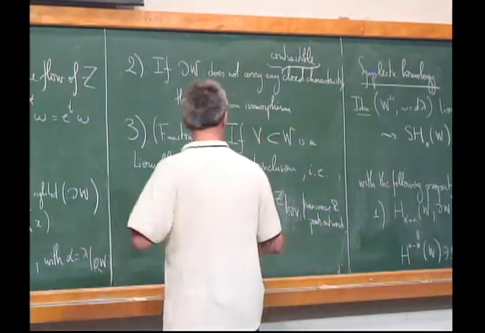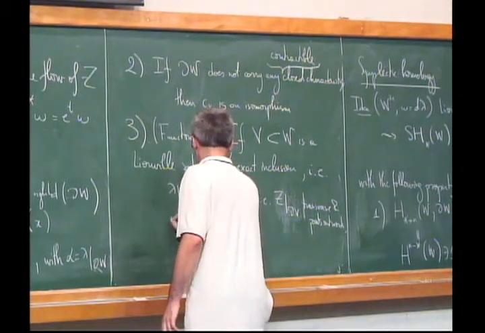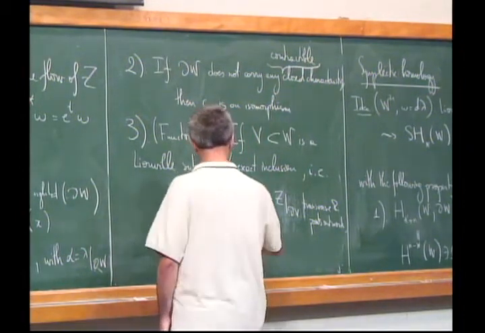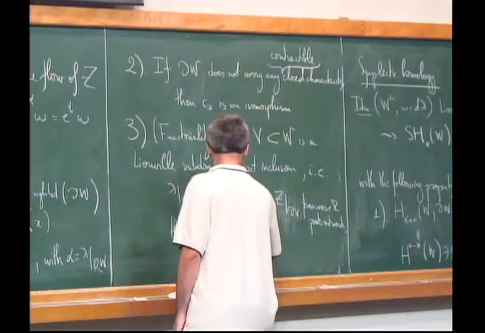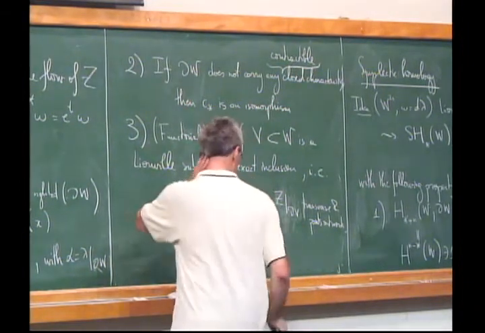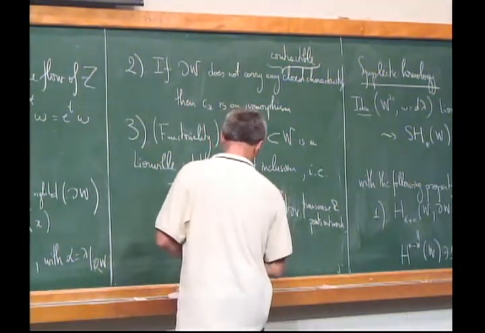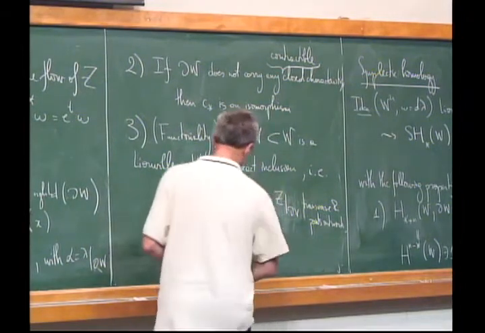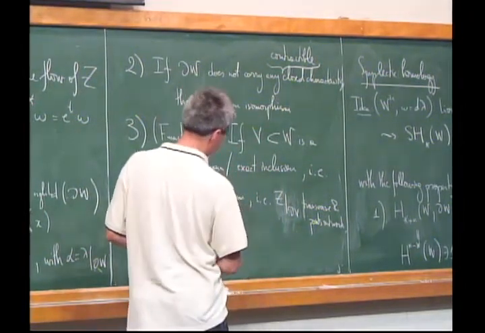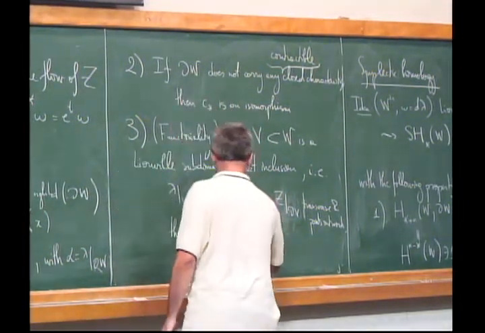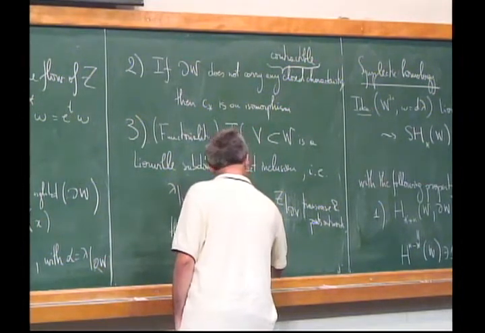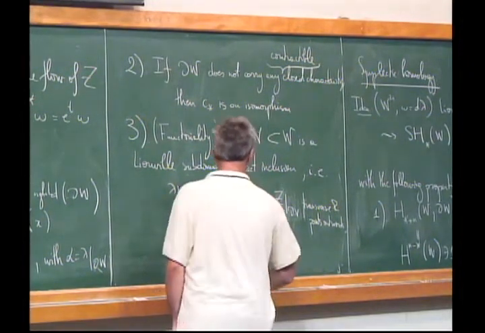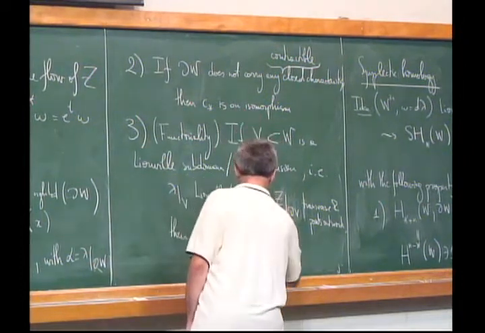Then there exists a map which goes the other way around. I'm going to write it this way. You have the map on cohomology going from the bigger to the smaller.